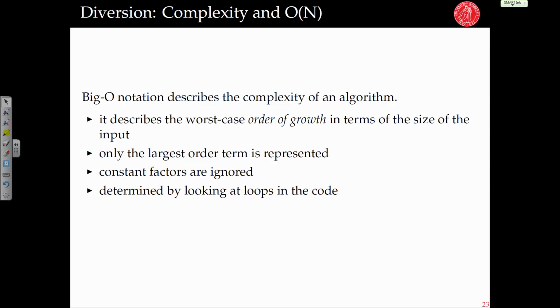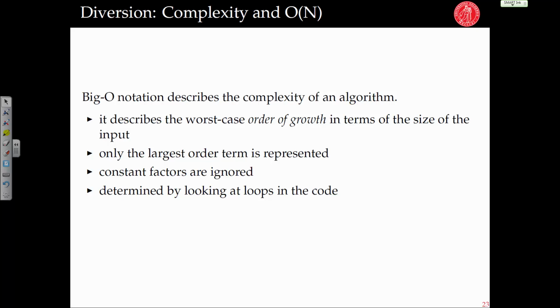Now, what we want to look at is the complexity of this algorithm. You already know what big O notation is. It's a way to describe the worst case order of growth for an algorithm in terms of the size of its input.